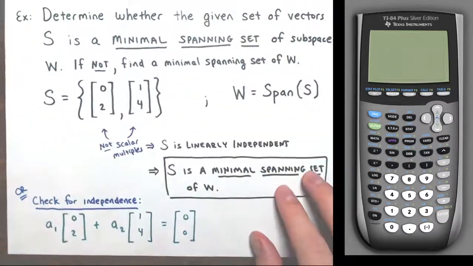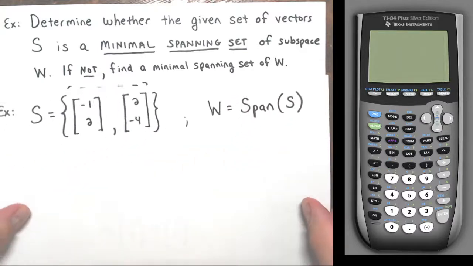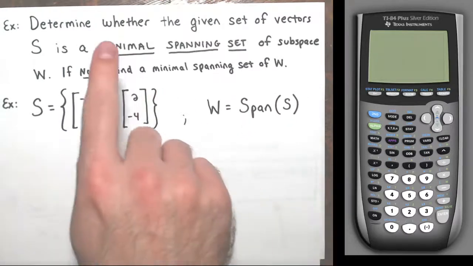next example, I'm doing the same instructions. Given another set of vectors from R2, again, the same instructions.